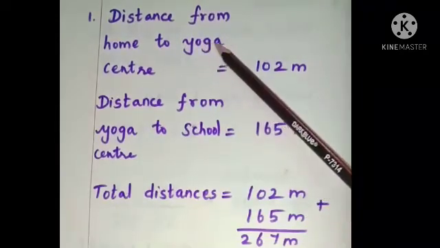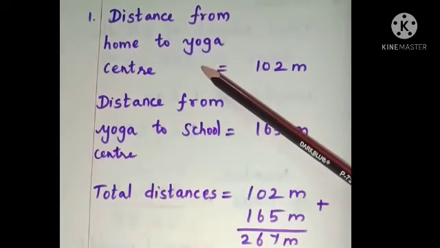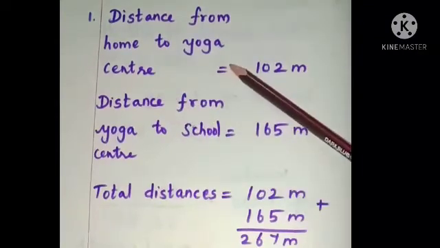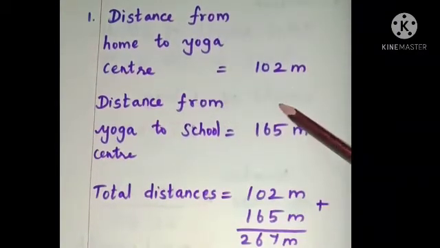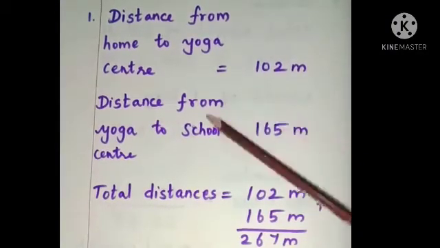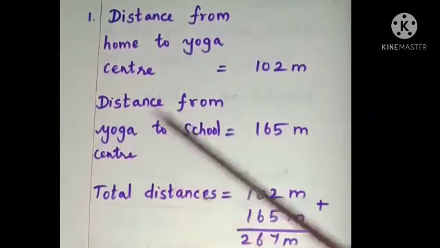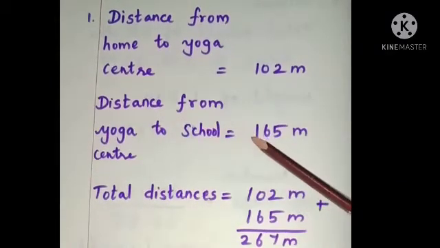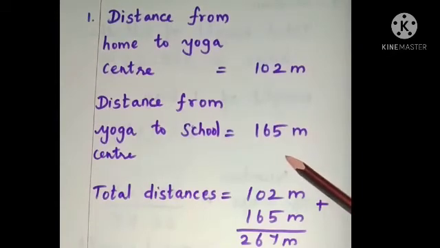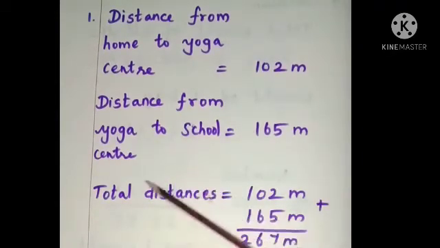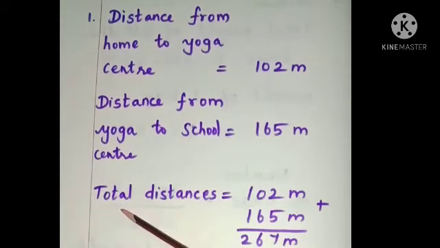11th problem. The distance travelled by Prabhu from home to yoga center is 102 meters and from yoga center to school is 165 meters. What is the total distance? So total distance is a keyword of addition, sum.